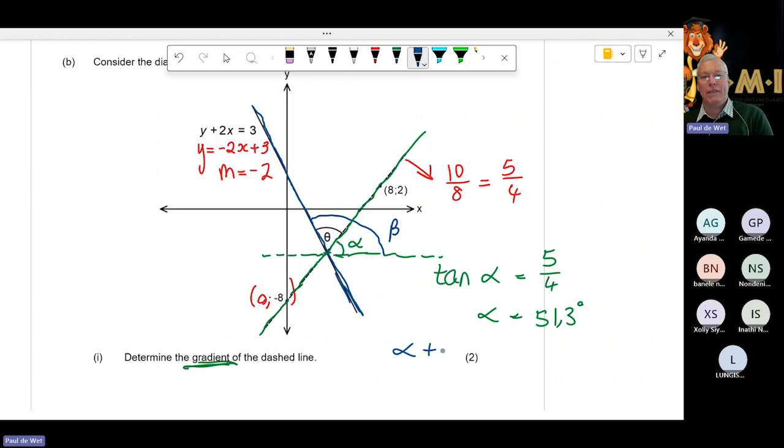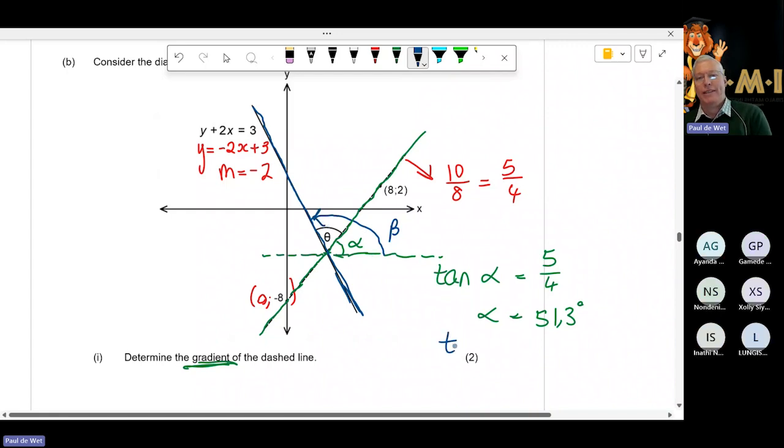Can we get beta? Can we get this blue angle beta? Because this blue angle, guys, is the angle of inclination of the blue line. Beta is equal to theta plus alpha. Correct.